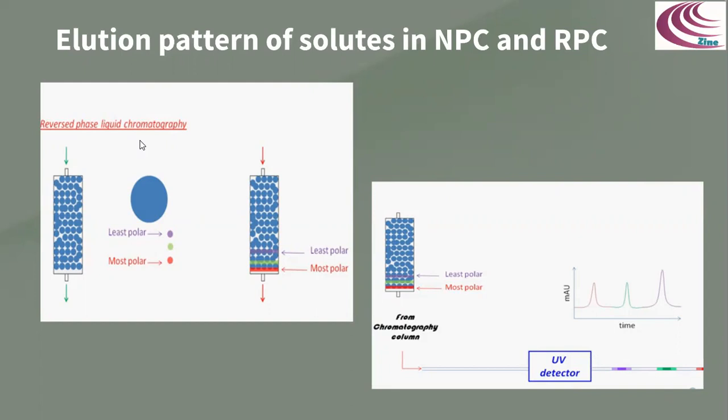Thus, the order of elution of solutes is non-polar solute first, then solutes of intermediate polarity, and at the end, the more polar solutes come out of the chromatographic column. So is this concept clear? Therefore, the order of elution of solutes in reverse phase chromatography is exactly the reverse of that in normal phase chromatography. What will be the pattern then in reverse phase chromatography?